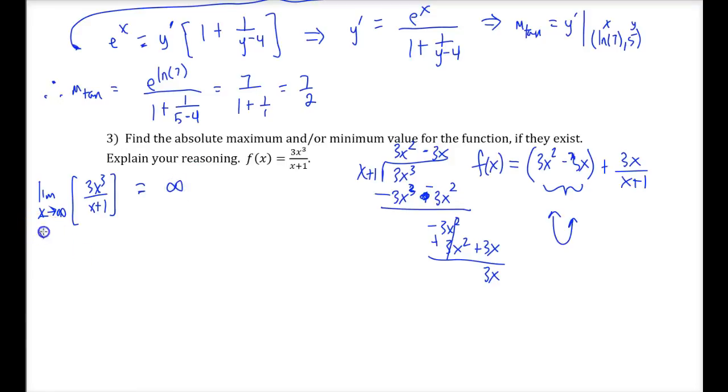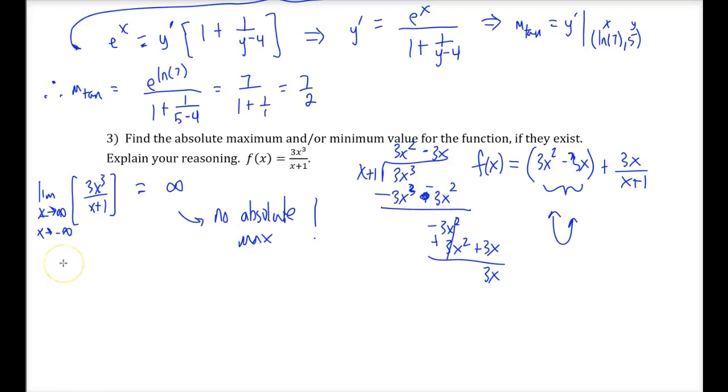And the same exact thing is true when we do this as x approaches -infinity. So what this tells you is that we have no absolute maximum, okay? So we know that.